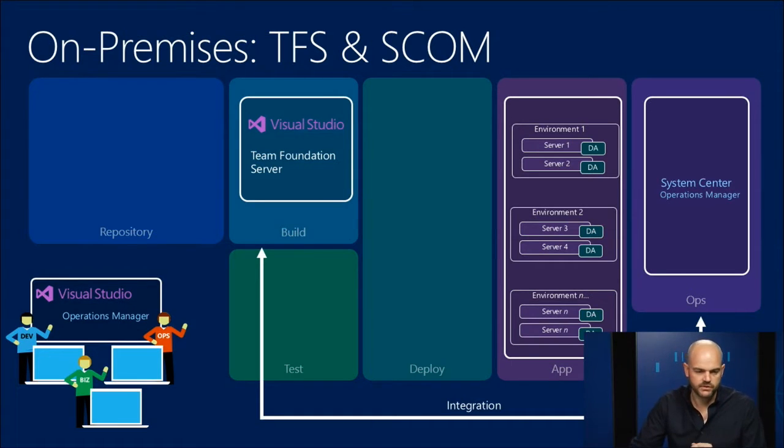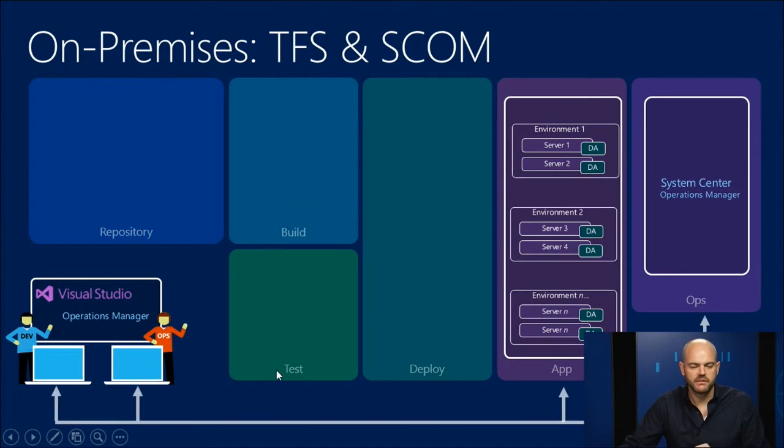So if we look at this graphic, the integration from an Ops Manager and TFS perspective, there's really not a whole lot of work involved in doing that. On the bottom left-hand side is the persona of the developer and the operations person, allowing them to use either the Ops Manager console, which is common for the ops person to understand, or Visual Studio, used by the developers to natively have a look at the alerts that are being created as work items in their environment.